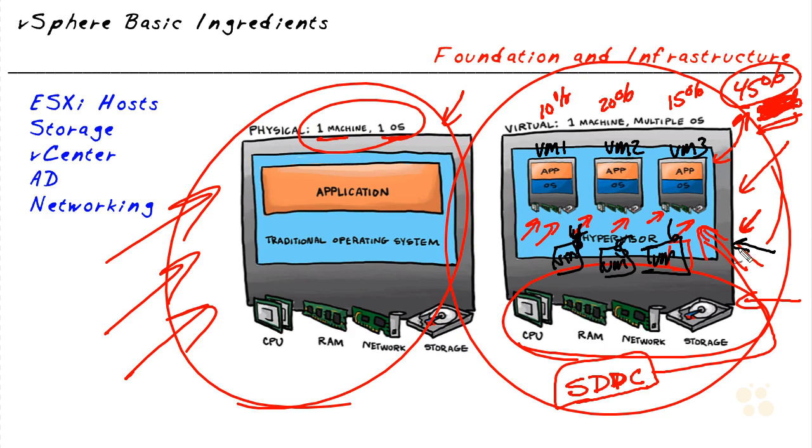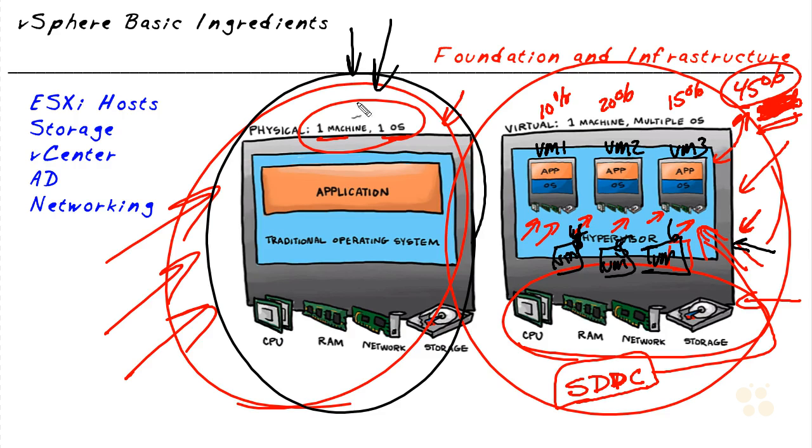And at the end of the day, we're going to get better utilization of the equipment, the CPU, the memory that we have paid for, as opposed to the old days when we'd have one physical machine, we'd have the traditional operating system, for example, Windows Server software and an application such as web services, where in that case, if we were at 15% utilization, the rest of the physical computing resources would simply be wasted. Because in the one machine, one operating system, old school scenario, the CPU and the RAM on this one physical computer can't be shared with some other server that's on a different physical computer.